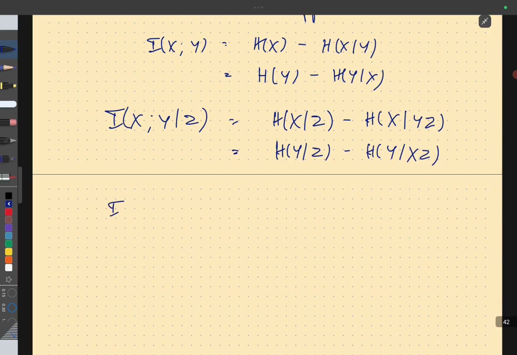But this leads us to a natural chain rule for mutual information, similar to the chain rule that we had for entropy.